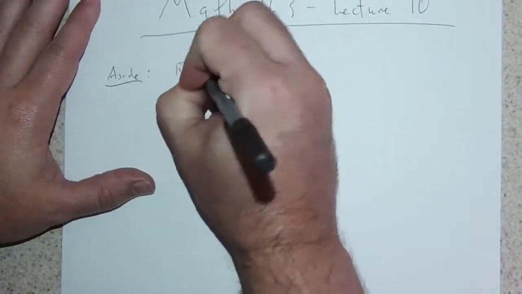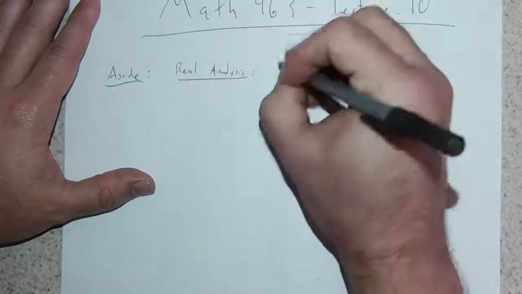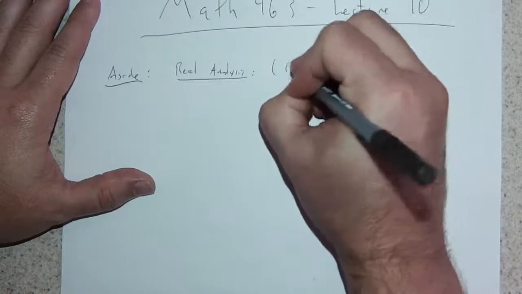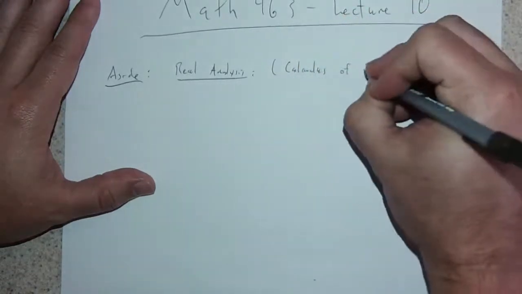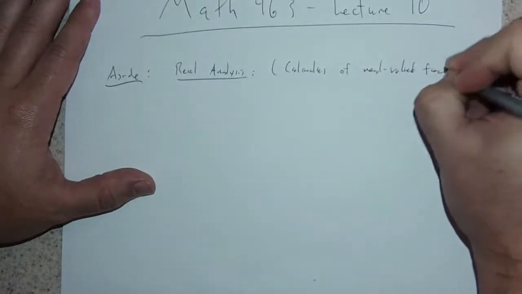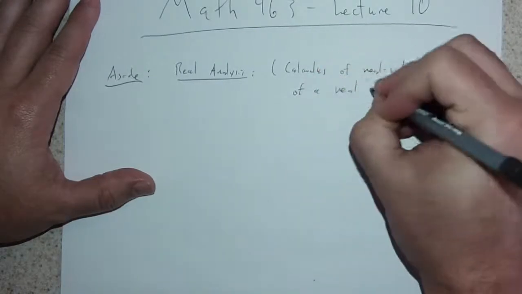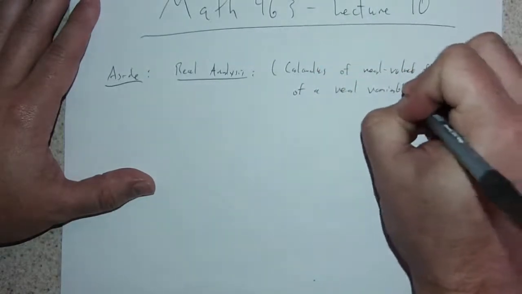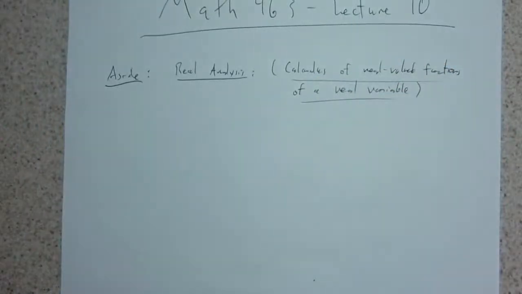As an aside here, let's go to the world of real analysis. So in real analysis, that is, calculus of real valued functions of a real variable, what does analytic mean?